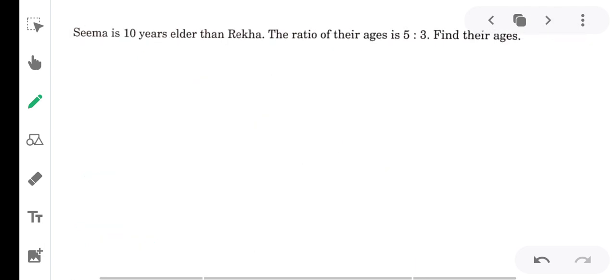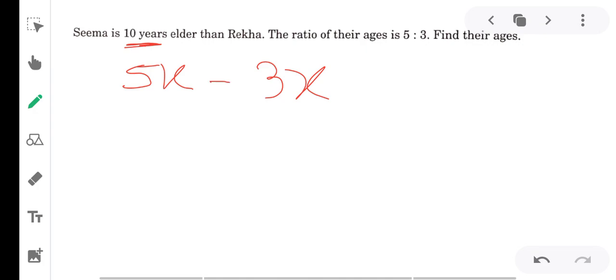Next question. Seema is 10 years elder than Rekha. The ratio of their ages is 5:3. That means the age of Seema is 5x and the age of Rekha is 3x, and Seema is 10 years older than Rekha, so the age difference is 10 years.